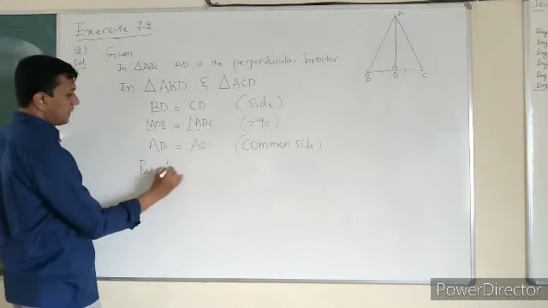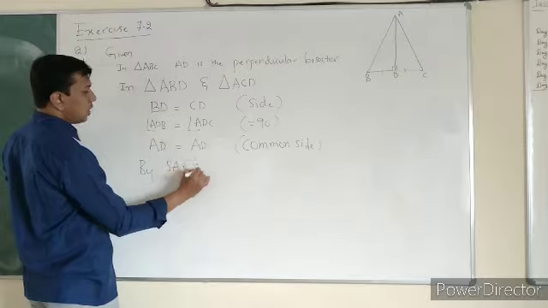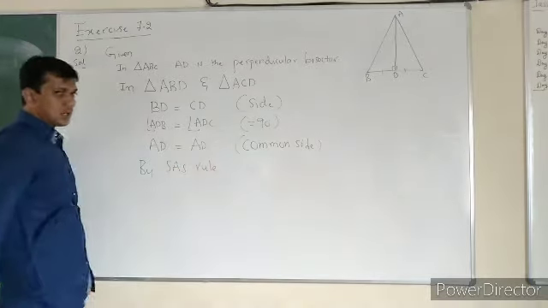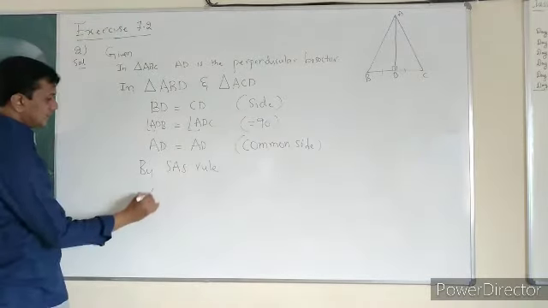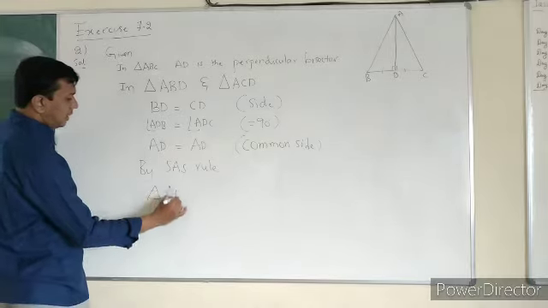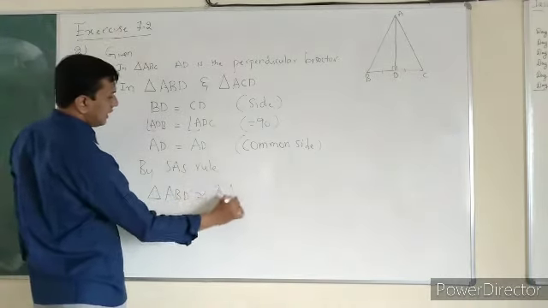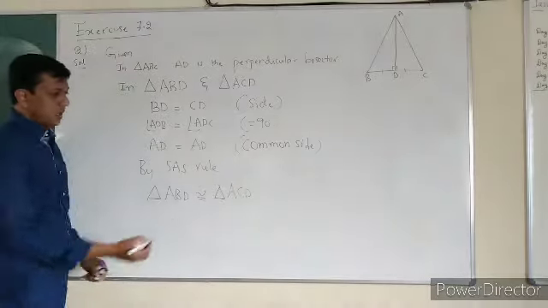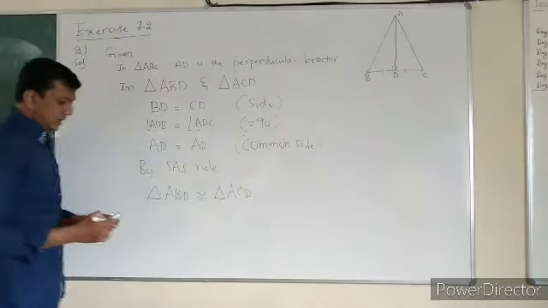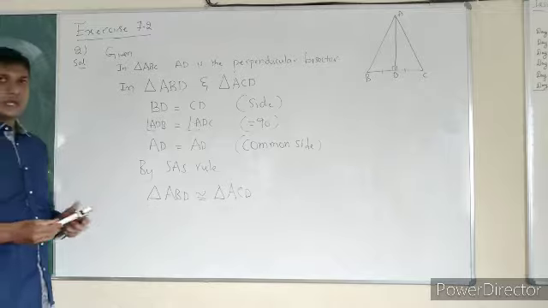So by SAS rule or SAS congruence, triangle ABD is congruent to triangle ACD. Once they are congruent, can I say that AB is equal to AC?